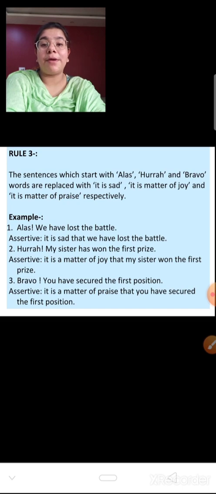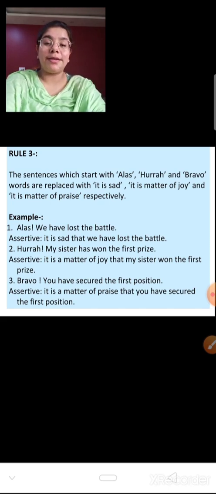Bravo is used when we are praising someone, when we are appreciating someone for something. Bravo, you have scored the first position. Now you have to remove the bravo if you are changing the sentence. When you remove bravo, you will write: it is matter of praise that you have secured the first position.